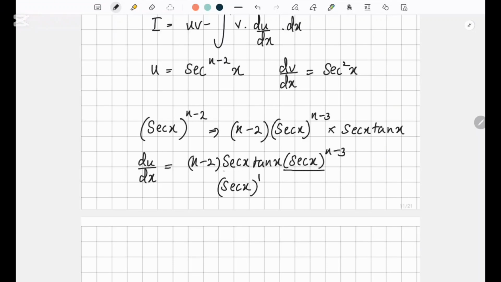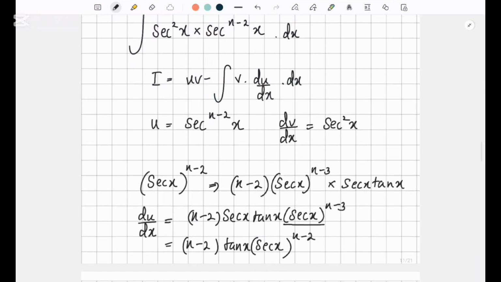When you have similar bases and you have multiplication, you can add the powers, right? So you could write your answer as n minus 2 into tan x into sec x to the power n minus 2, right? Because n minus 3 plus 1 will give you n minus 2.